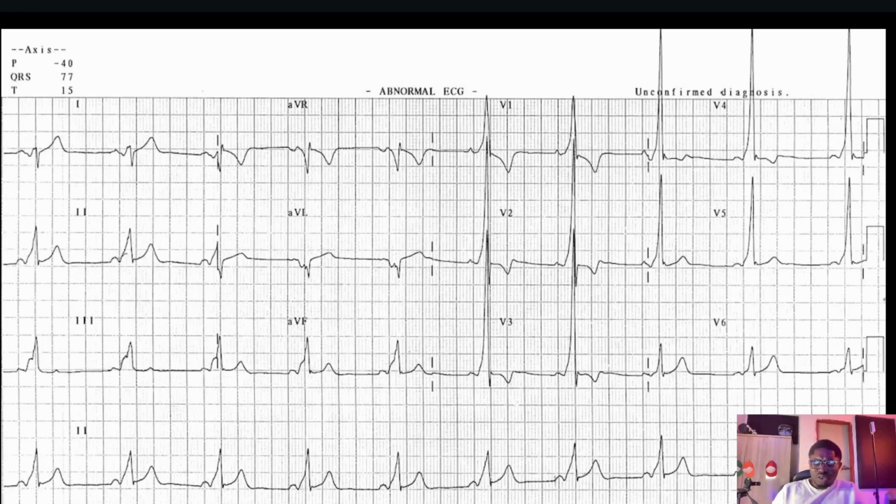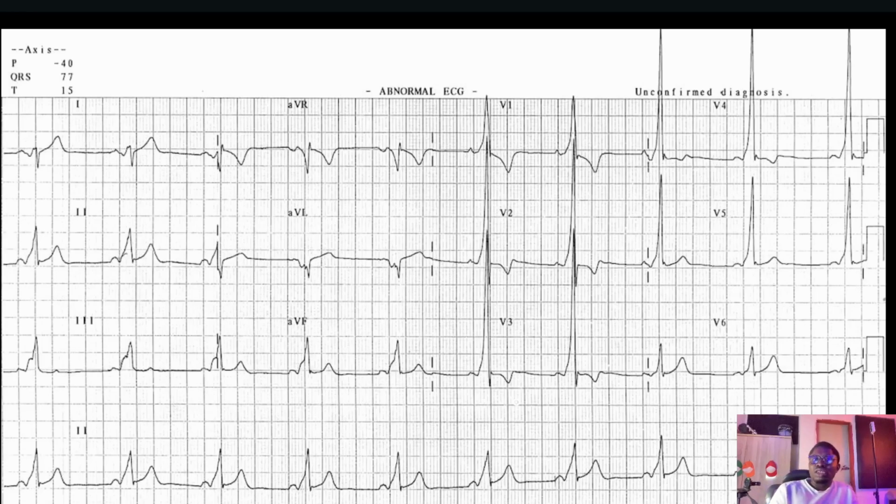So our summary of our findings: P wave sinus, regular, cardiac axis shift to the right. Very important to notice in this particular instance where we suspect pre-excitation with Wolf Parkinson White, right?